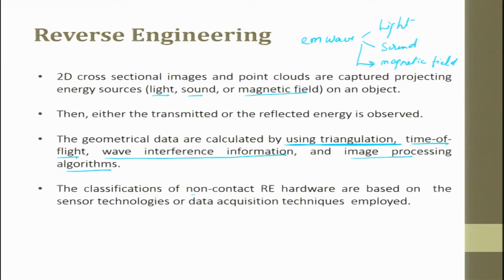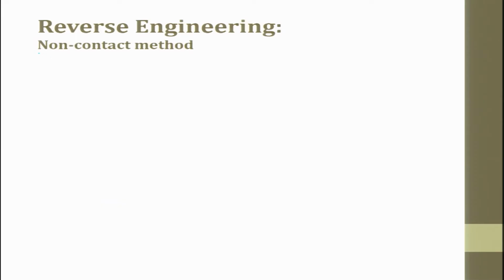The classification of non-contact RE hardware is based on the sensor technology or data acquisition technology employed. So, these are the two important factors. Sensor technology and data acquisition techniques are two important technologies used to decide which reverse engineering technique to use. So, let us now draw the non-contact method classification.